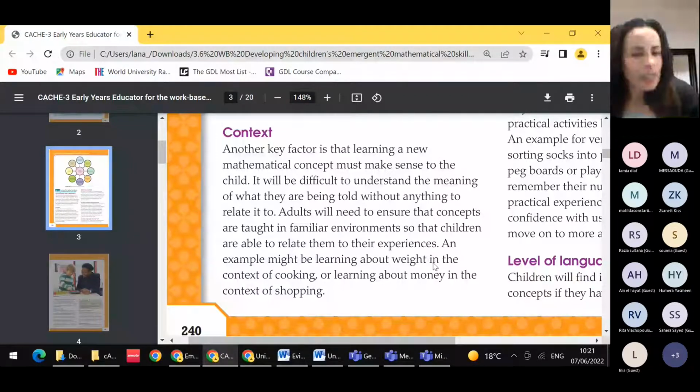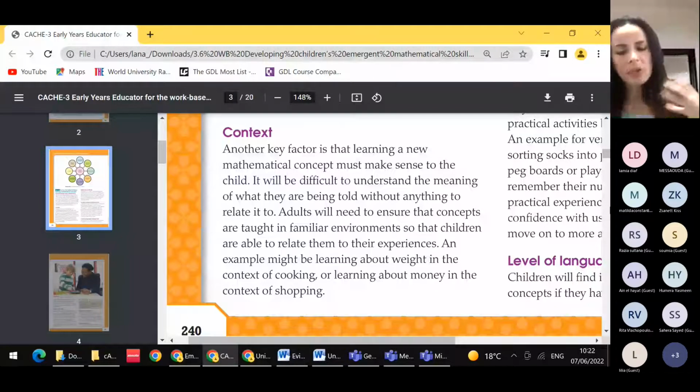So what do we do? We teach them the context, and also we teach them how it is related to their experience. For example, if they bring two Legos and they want to put them together and they can't, then you teach them, you say this shape is different from this shape, that's why they are not fitting together.